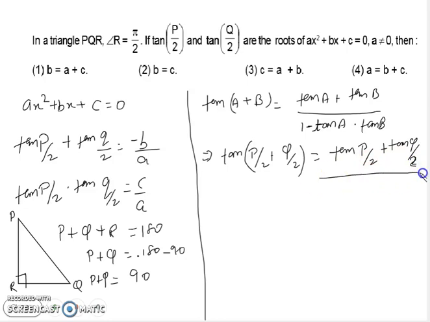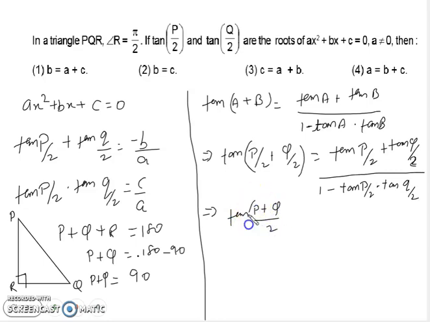divided by 1 minus tan P by 2 into tan Q by 2, right? Are you getting my points? So after taking the LCM on the LHS, we will get tan of P plus Q by 2 directly, right?